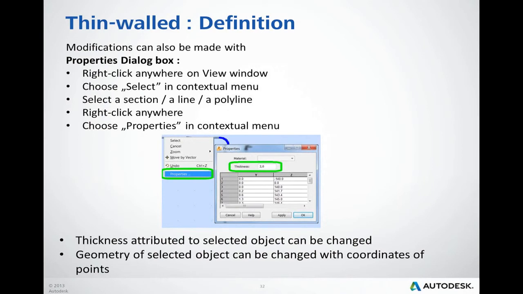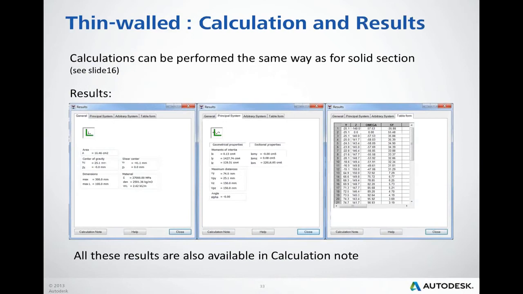Besides changing characteristic points coordinates in the table part of this window, it is also possible to change thickness there. Calculations can be performed the same way as for solid sections. See slide 16. Results are calculated with the same assumptions and also presented in a similar way.